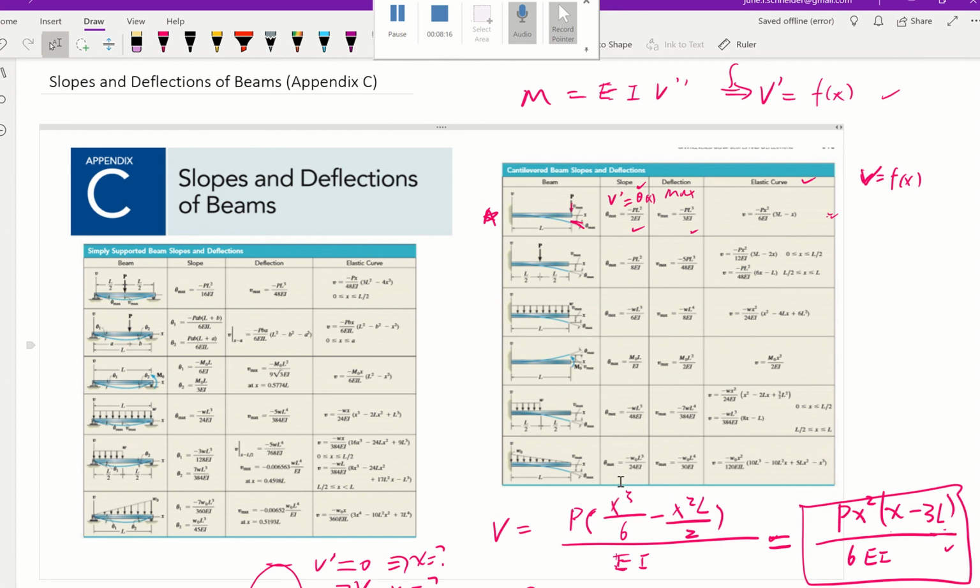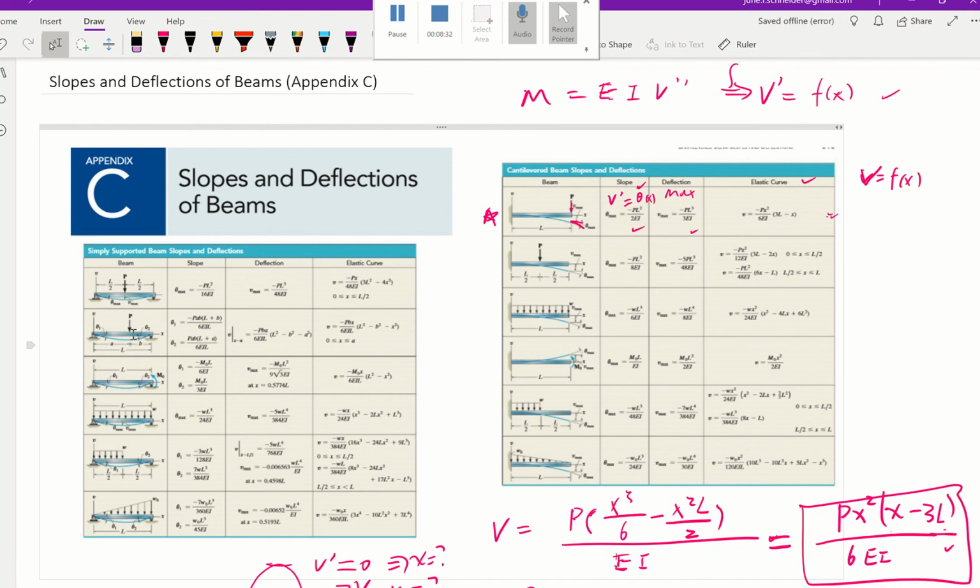So this is a very helpful table, since once you've done one, you don't need to do all of them unless you're really bored. However, use this table to solve any deflection problem.